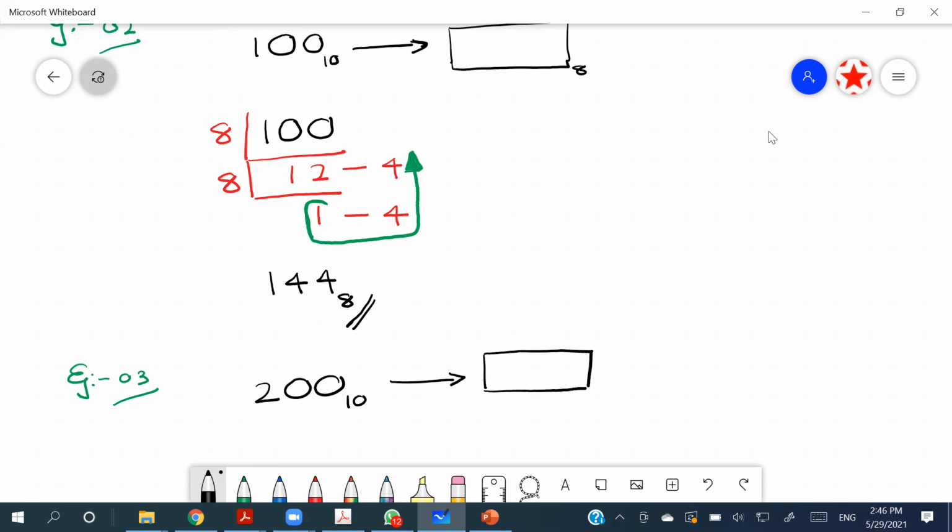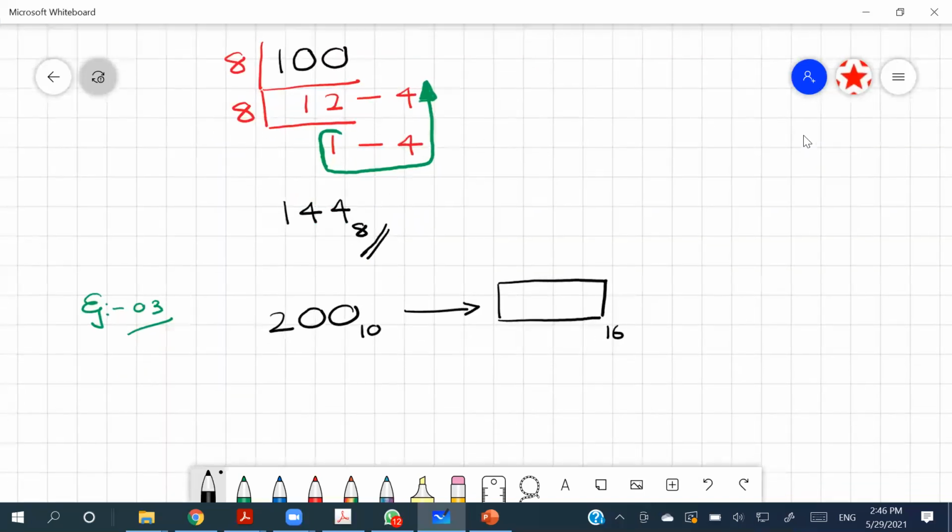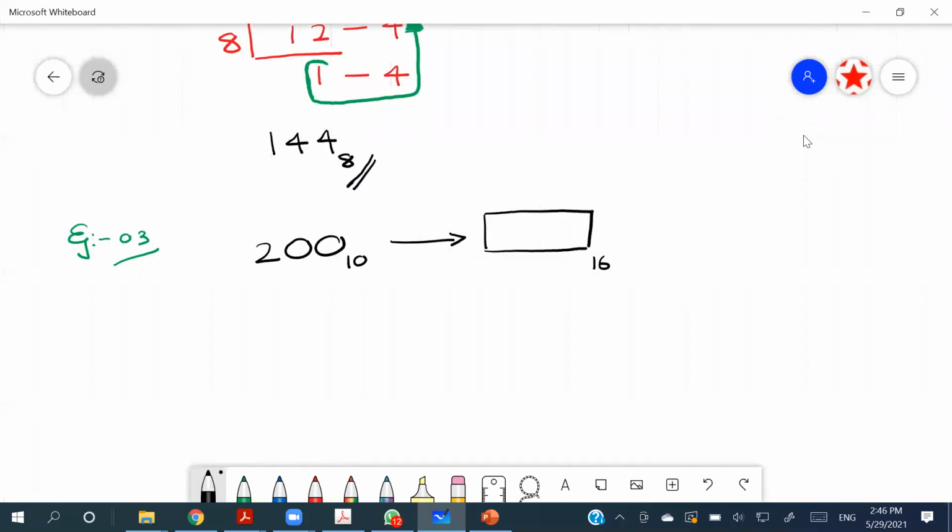Now hexadecimal, we know the base is 16. So you know the drill. Since a decimal number is converted to hexadecimal, we take the decimal number and we are going to divide it with what? Any suggestions? We are going to divide this with 16.